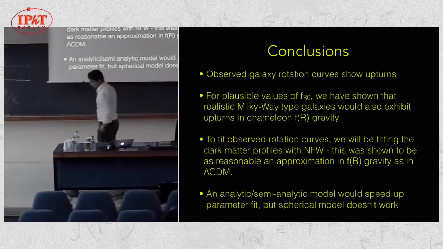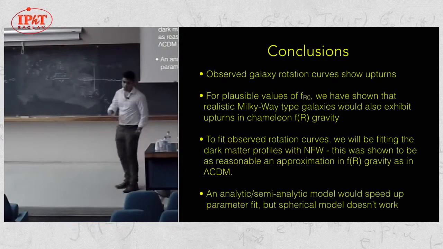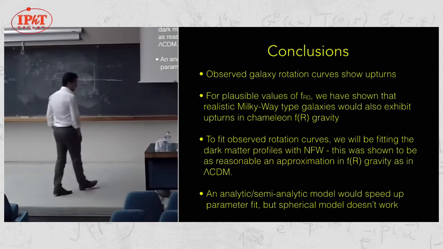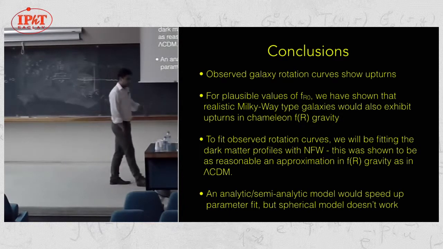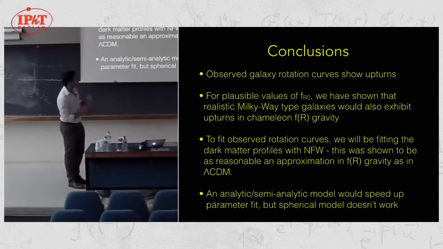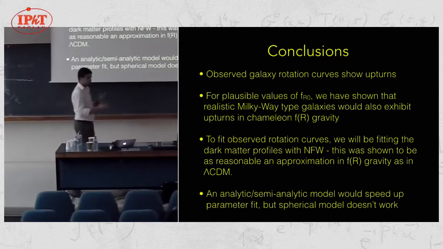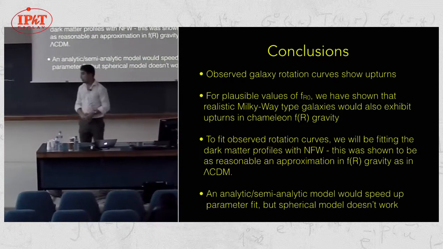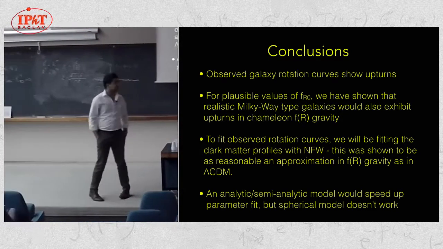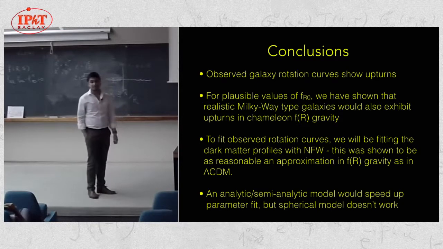We've not yet done a quantitative comparison to observations, because the question is quite tricky: you look at a rotation curve, and the position of the upturn is determined by both the background value of the scalar field, which you want to fit, and also the matter distribution of the galaxy. The baryonic component of that, the gas and the stars and the dust, you hopefully would constrain observationally, but the dark matter you need to fit as well.